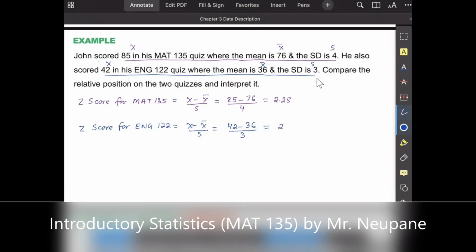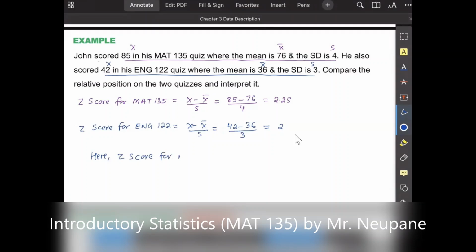You can see in the first case, x is more than the mean, so the z-score is positive. Also in the second, the score in English 122 is more than the mean, so the z-score is positive. Both z-scores are positive, but which one is more? The z-score in Math 135 or in English 122? Math, that's right.